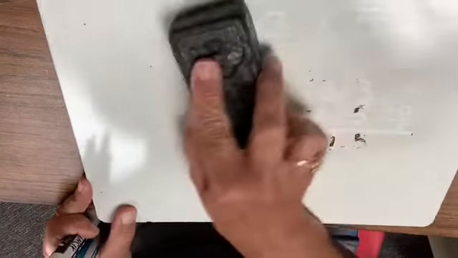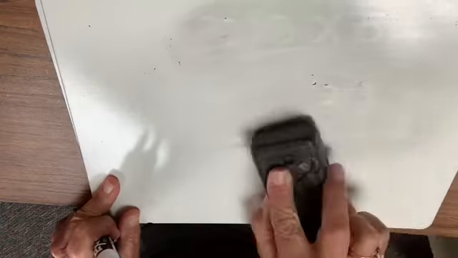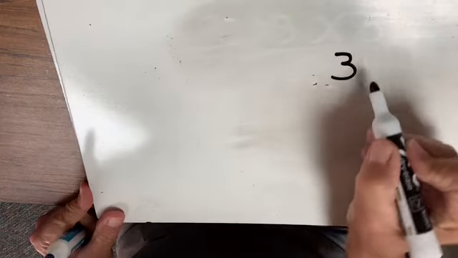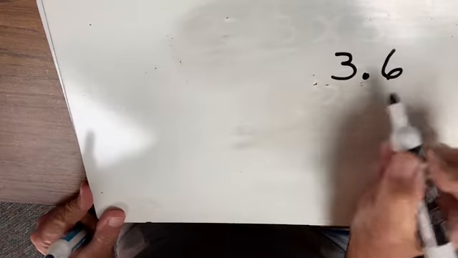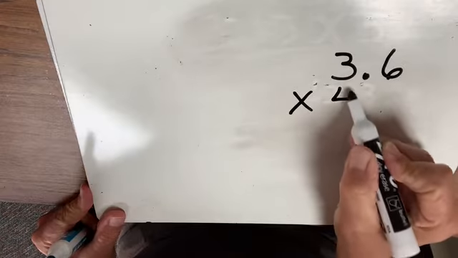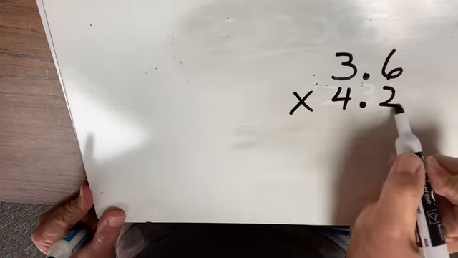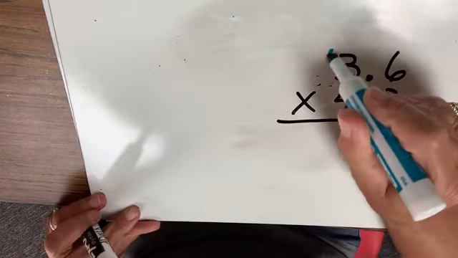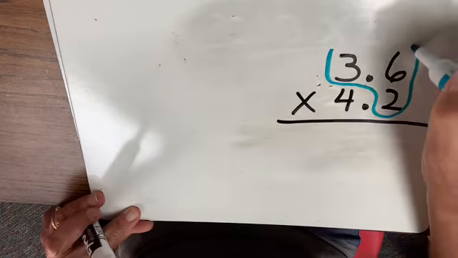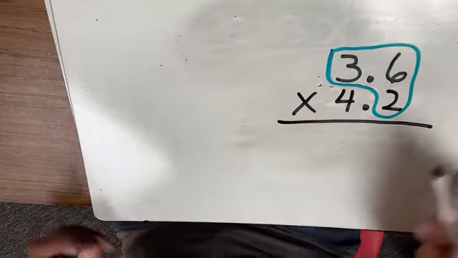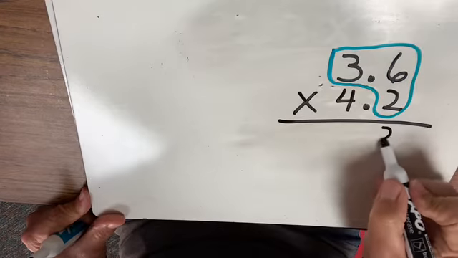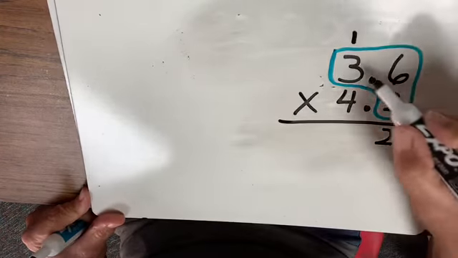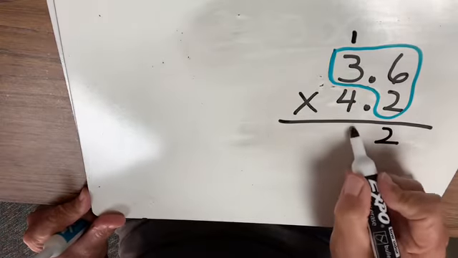Let's try another one. This one, I'm going to do 3 6/10 times 4 2/10. Normal multiplication. I'm going to do my 2 times all those numbers on the top. So I do 2 times 6 is 12. 2 times 3 is 6, plus 1 is 7.